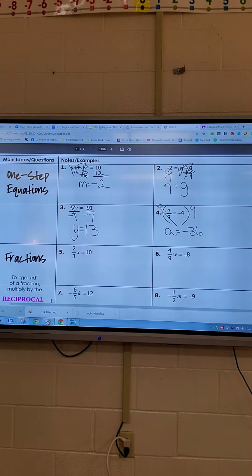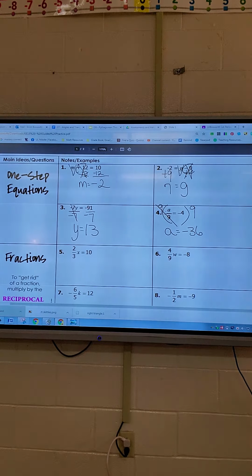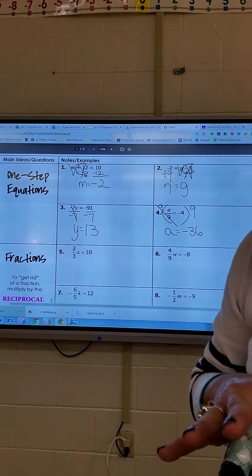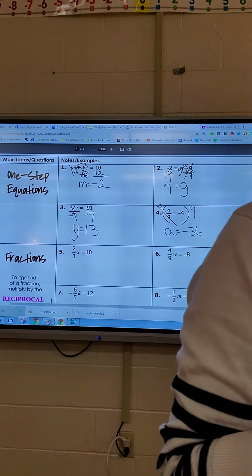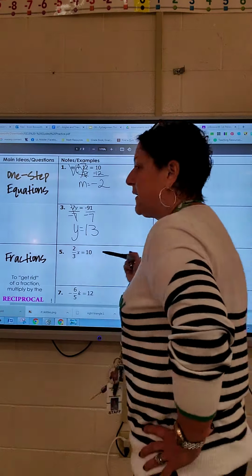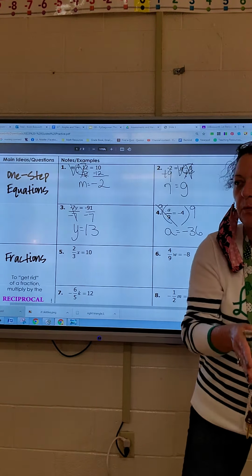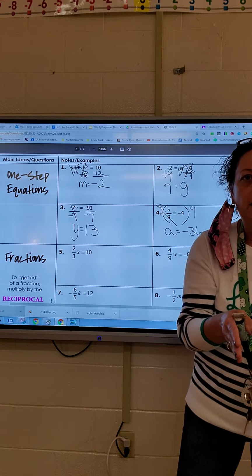But we don't have to do that step mathematically because the calculator does it for us. So we're not going to show that as multiplying by the reciprocal. We're actually going to show it as dividing by this fraction, because when we divide by a fraction, we are multiplying by the reciprocal. Does that make sense?